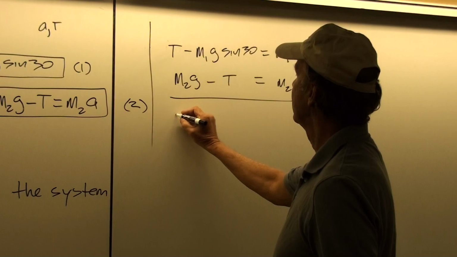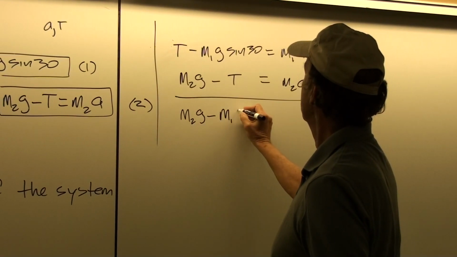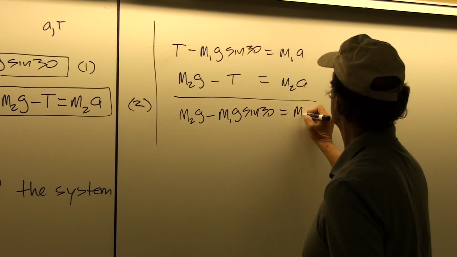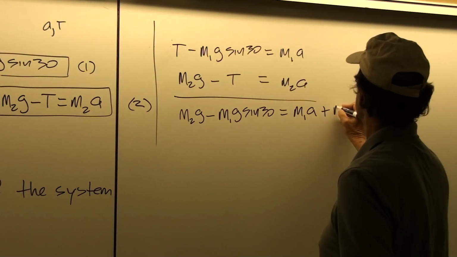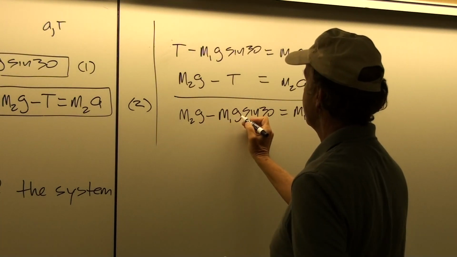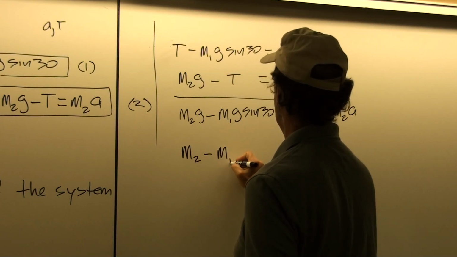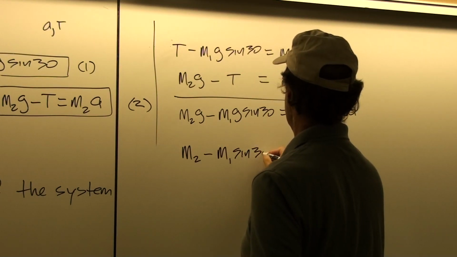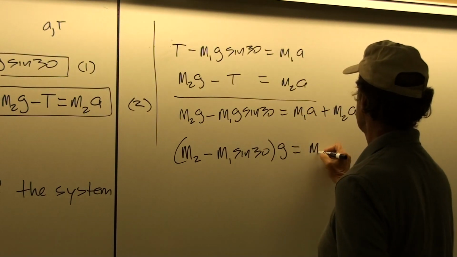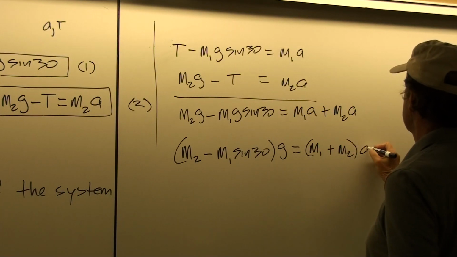The tensions will cancel, so give me M2g minus M1g sine 30 equals M1a plus M2a. Then we'll factor out the common factors of g on the left. That gives me (M2 minus M1 sine 30) times g equals (M1 plus M2) times a.